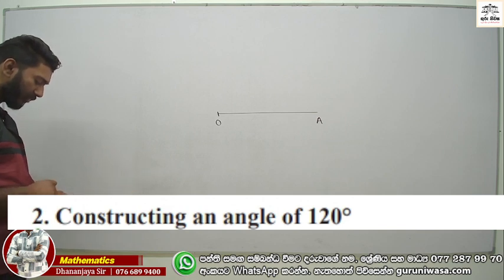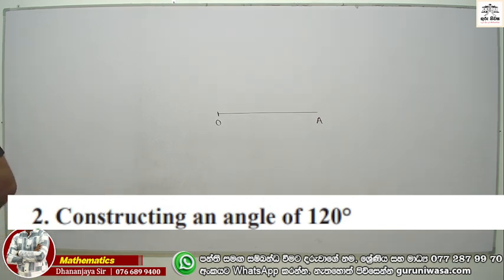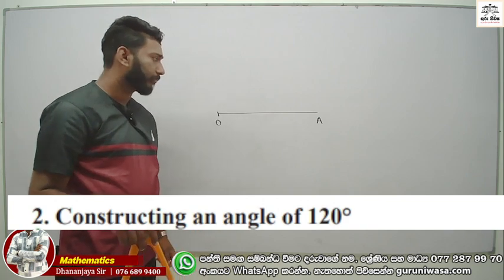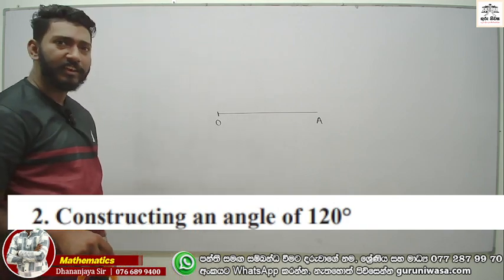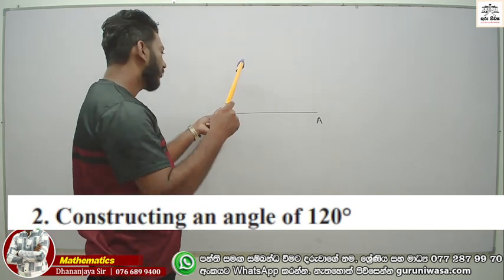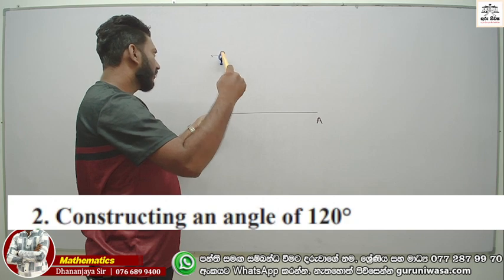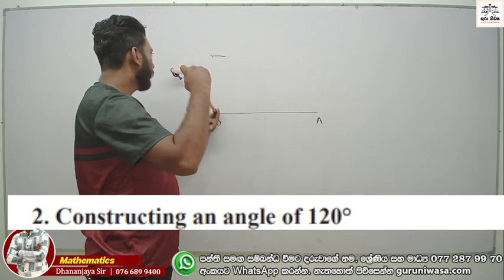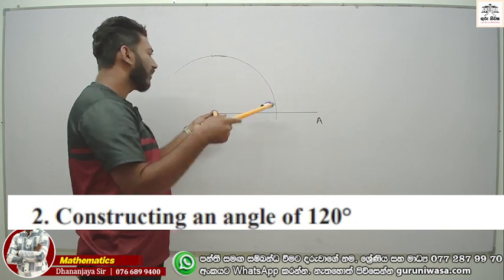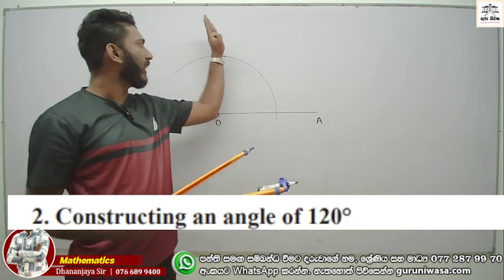Now, using our compass, I'm going to do the same thing we did previously to draw 60 degrees. How to draw 60 degrees? Use our compass and take O as a center. Now draw the arc like this. In this case, I am going to draw it like this because I know 120 is more than 90.